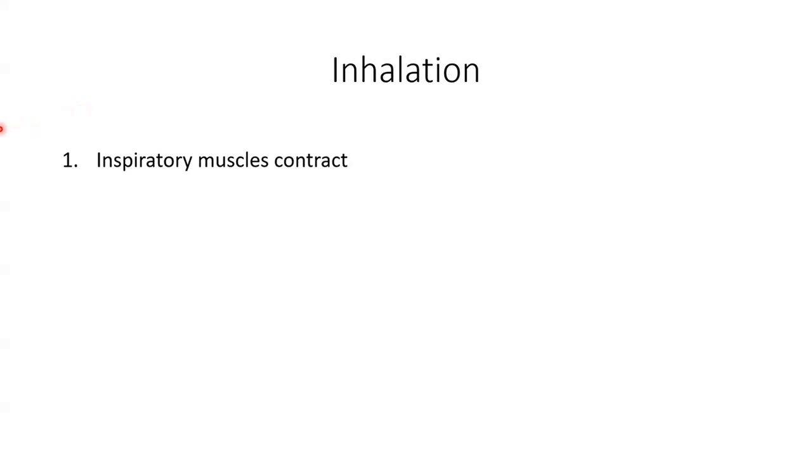So the first step of inhalation is that our inspiratory muscles contract. So during that normal quiet breathing, our diaphragm moves down, our external intercostals move the ribs up. As a result of this movement, the volume of our thoracic cavity increases.